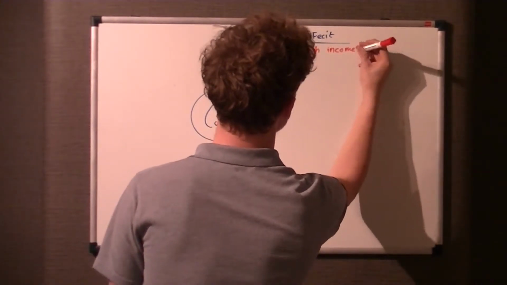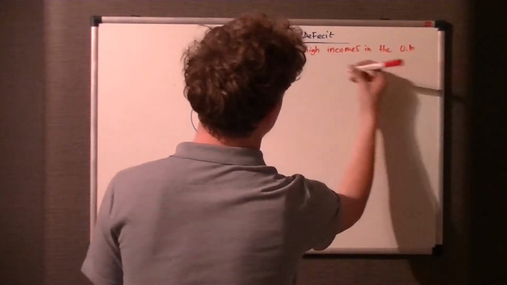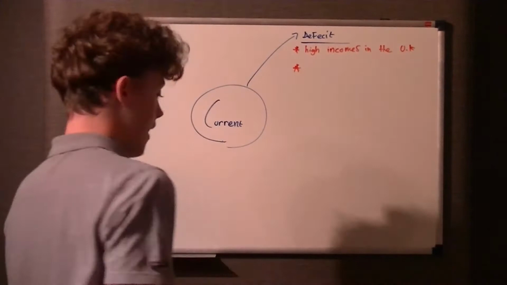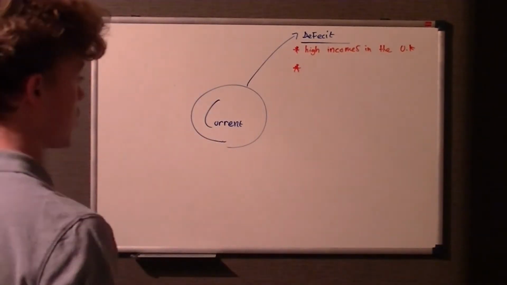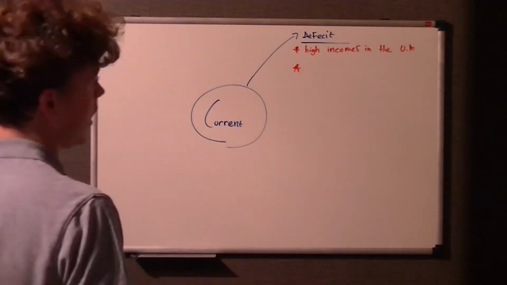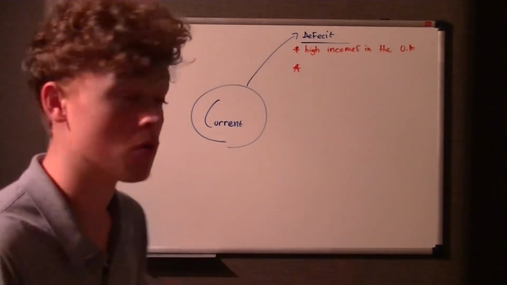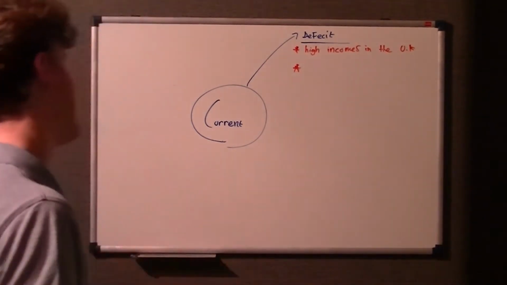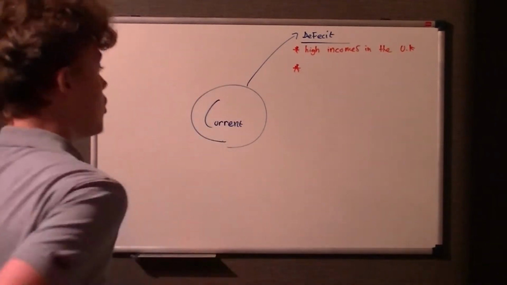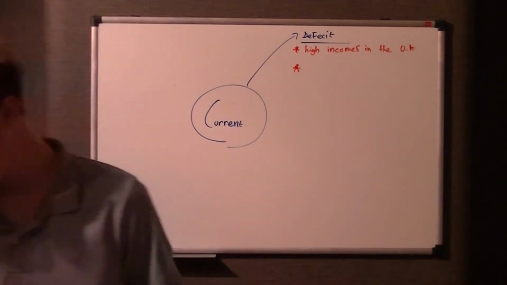Alternatively, in the UK, and I've said the UK there instead of just high incomes, in the current account we talk about imports and exports of goods and services, capital, current transfers such as the EU, and the other one which is about incomes coming in and out. But the main two at the beginning that we're going to talk about here are causes for all of the current account components.